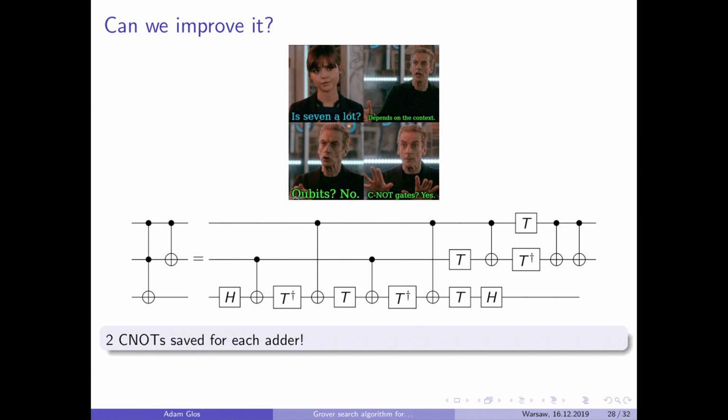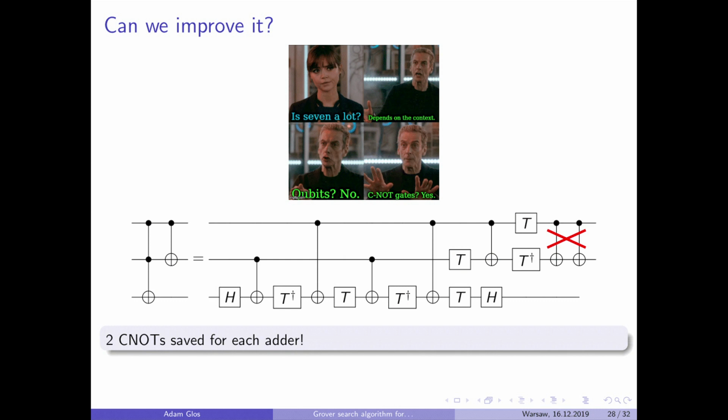For the adder, we need to apply one control node at the very end, but it turns out that these two control nodes cancel each other, because these are exactly the same. If we apply a node here and apply a node here, then it's like we didn't do anything. So we can cancel it out. Again, 2 CNOTs saved for each adder.